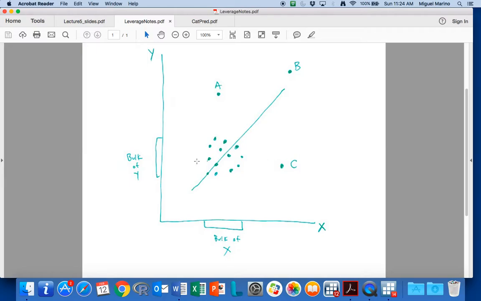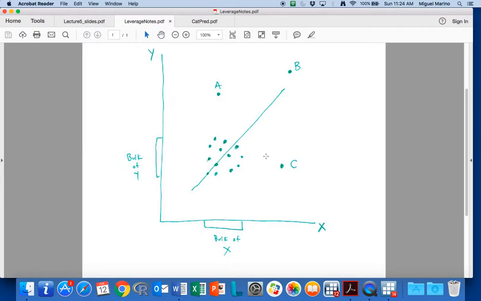Imagine this slope here, it pulls it down because what this line is trying to do is minimize that distance. This distance is pretty high here, so it tries to pull it down so that it's a little closer, but still balanced among these points here. So outside of X, but within Y, is really problematic.